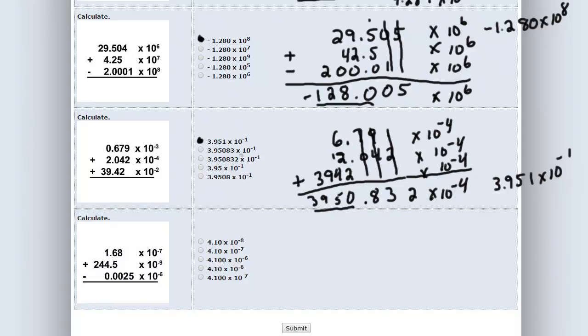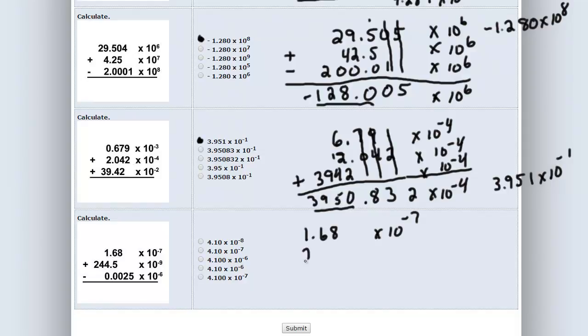So now we go to the -7, -9, and -6. So you can go to any one of these that you wanted. So let's just do the -7. 1.68 times 10 to the -7. And so we have -9, -8, -7.